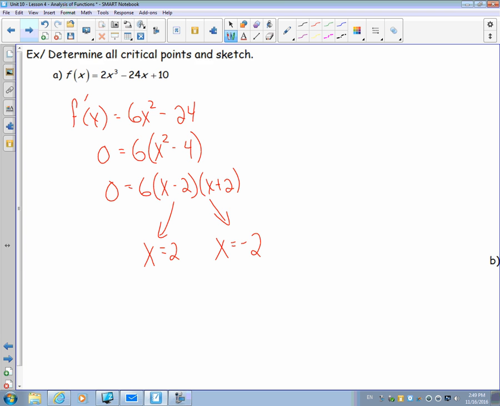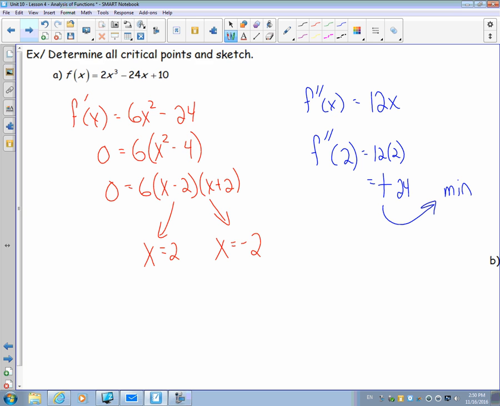So I go to my second derivative, which is the derivative of our first derivative. In this case, it's just 12x. I now check my critical points in the second derivative. So the first one was, let's see what happens at 2. That's 12 times 2, which is key here, positive 24. What does that tell me? The fact that it's a positive tells me it's a minimum.